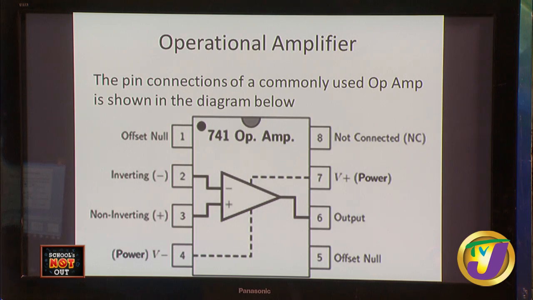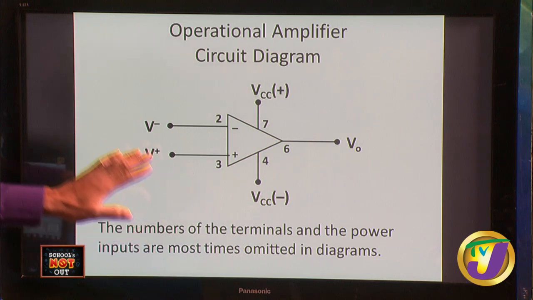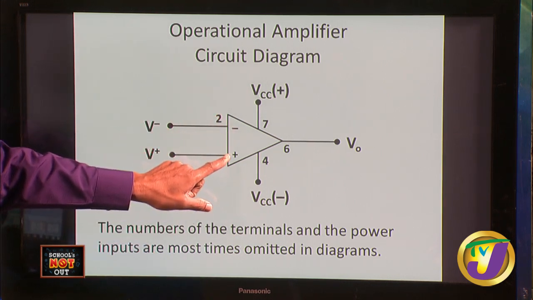And when we represent an operational amplifier in a circuit, we don't represent it that way. We represent the operational amplifier this way. All right. So we have terminal 2 inverting, terminal 3 non-inverting.